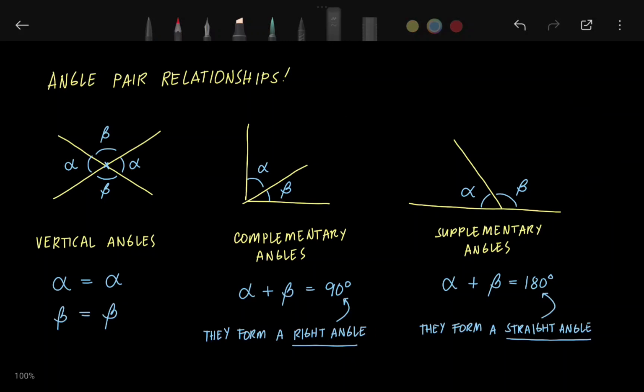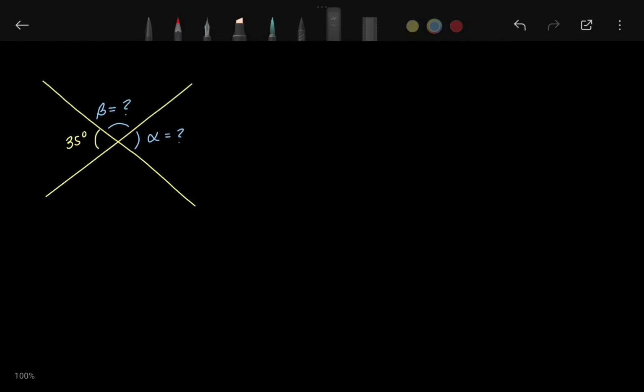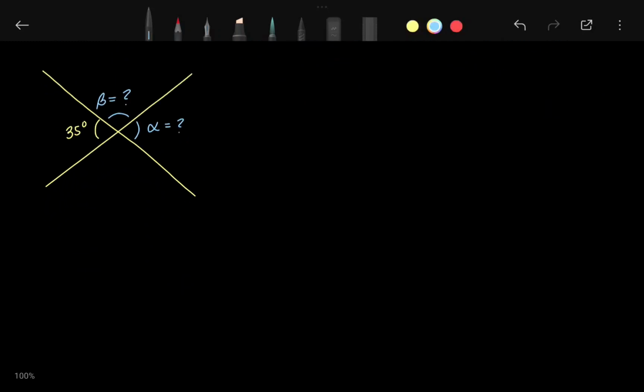And then let's try some examples. Okay. We have here an intersection. So it already looks like your vertical angles. If this side is 35, how much is this side? Based on what we said earlier, this is supposed to be 35 degrees. Meanwhile, what is beta? As observed, they form a straight line and therefore a straight angle.